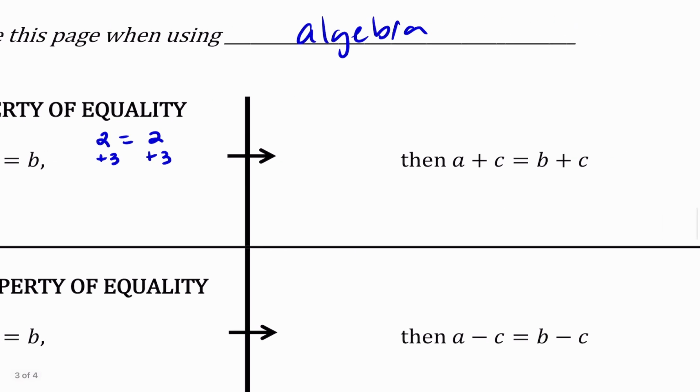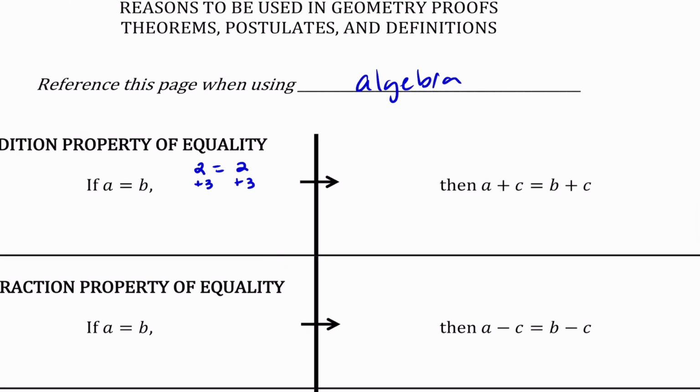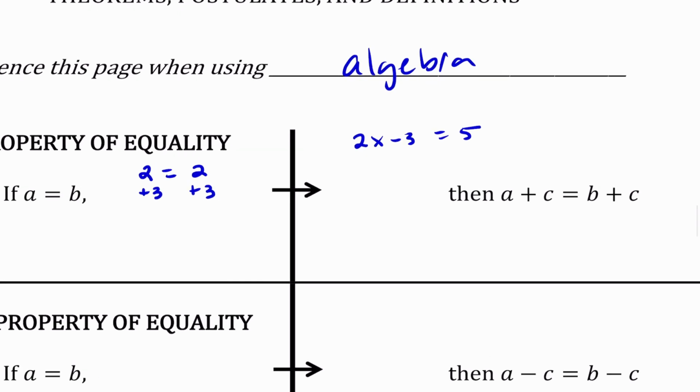Over here, when you see that A plus C is equal to B plus C, if I'm giving you an example of an algebra problem, like 2x minus 3 is equal to 5, right? And my goal here is, if I want to get 2x by itself, well, you're going to have to add 3 to get rid of that. And then whatever you do on one side, you have to do on the other side.